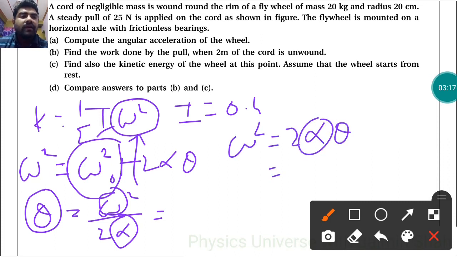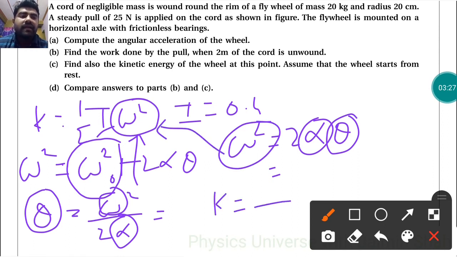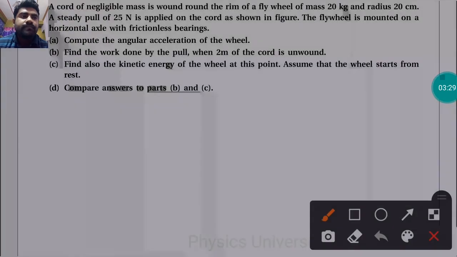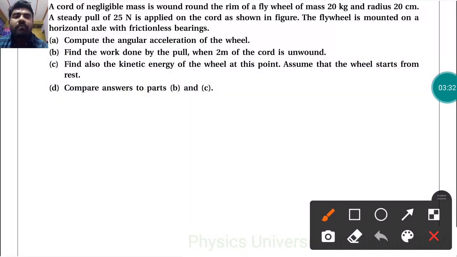Alpha we found earlier and theta also we found. So by putting those values of alpha and theta, we will get omega square, and by putting it in this formula with I, we will get the rotational kinetic energy in joule. And the last one, compare answers to parts B and C.